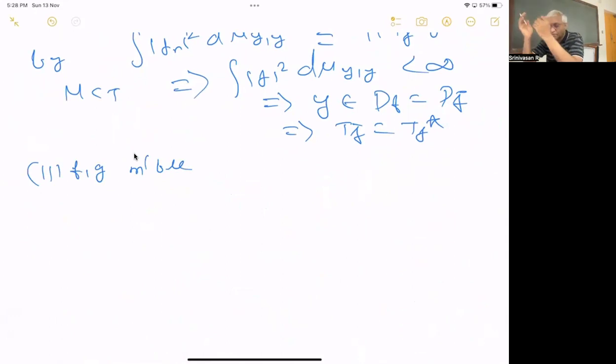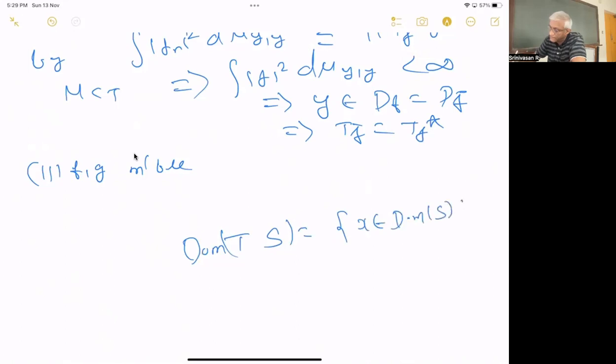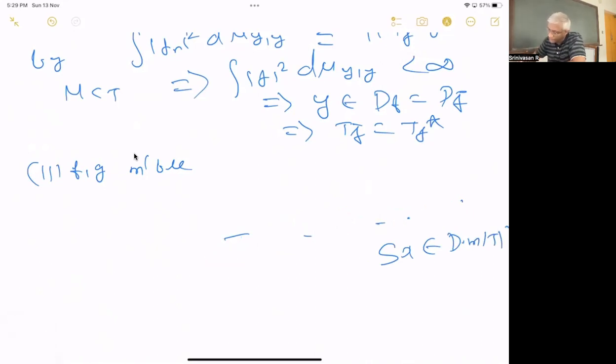We know the domain of a composition: if T is an operator and S is an operator, then the domain of TS is equal to all those x in the domain of S such that Sx is in the domain of T, right? That is where the composition is defined. And we want to look at that.